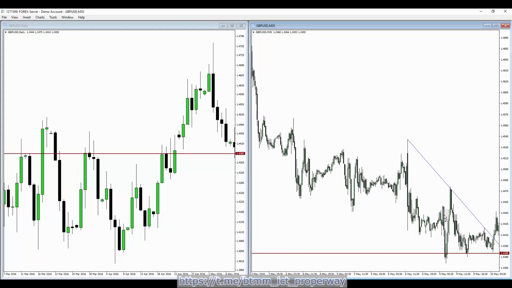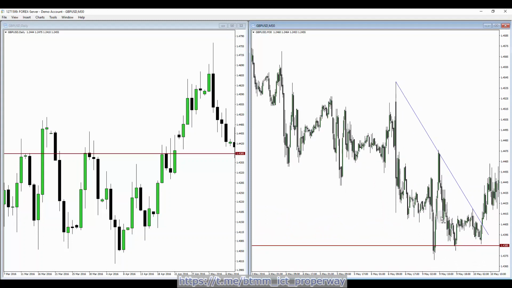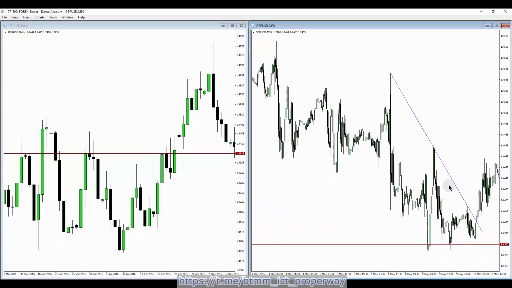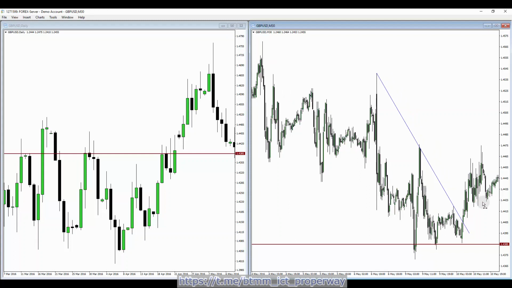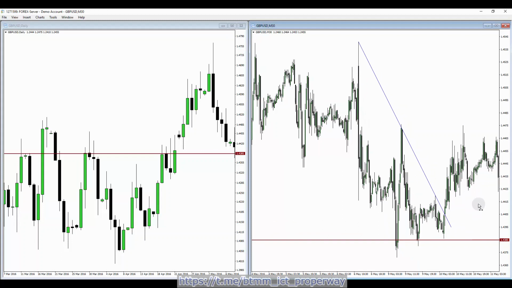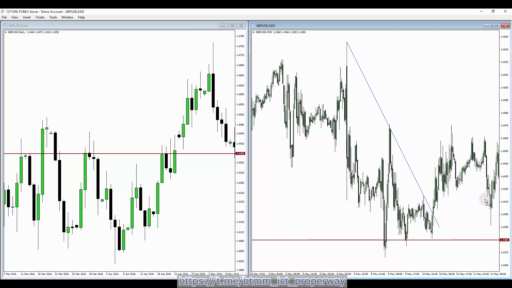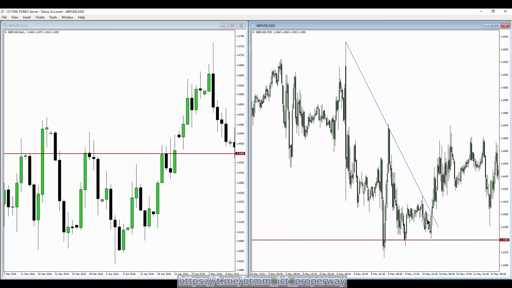Price rallies away, comes up real close to this high in here. One more retracement lower. Back down into the last two down candles here as a buying opportunity.